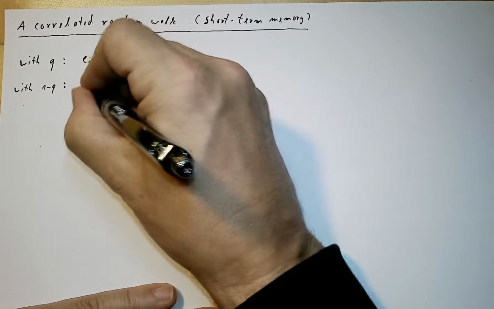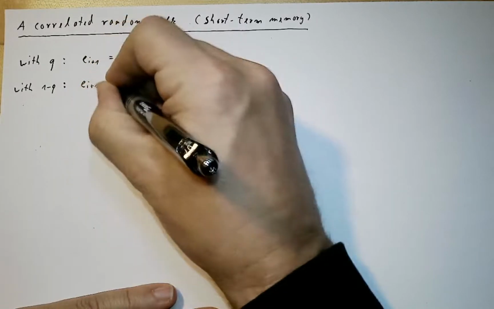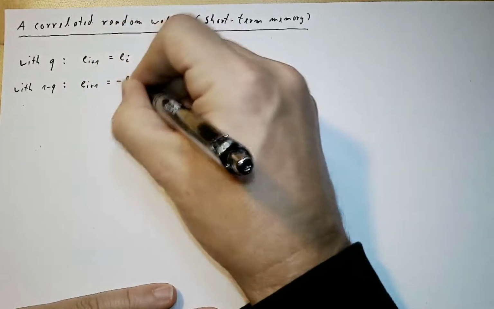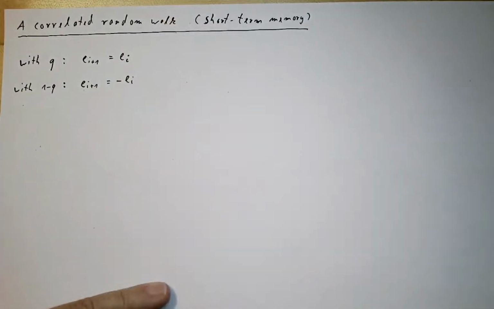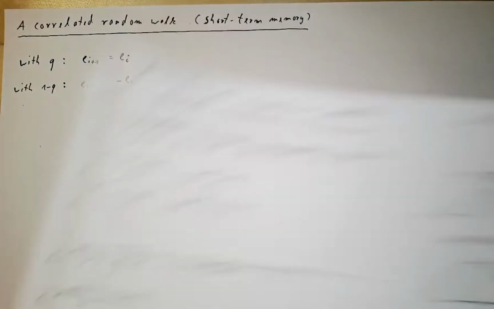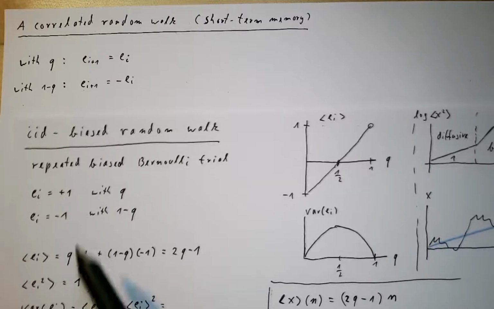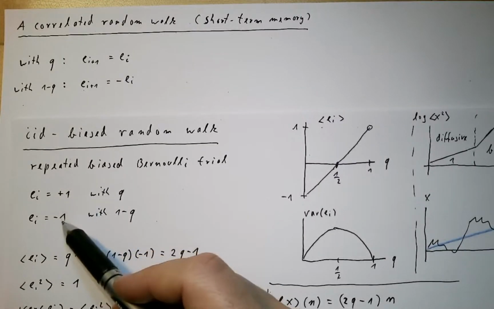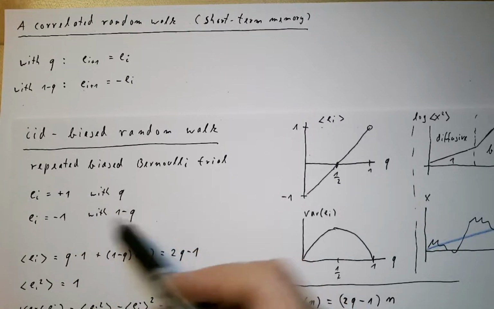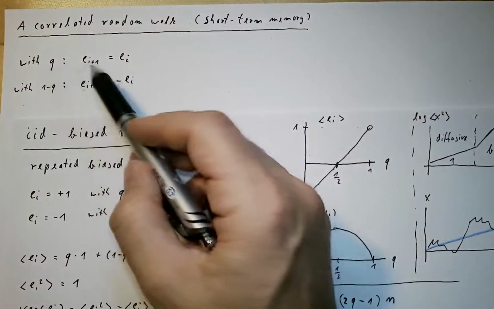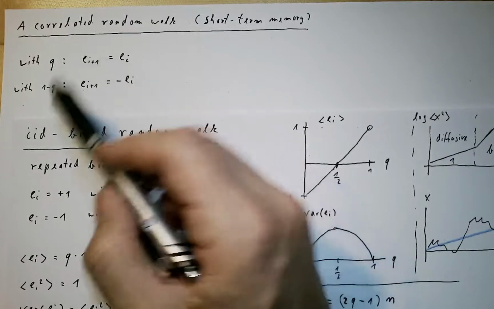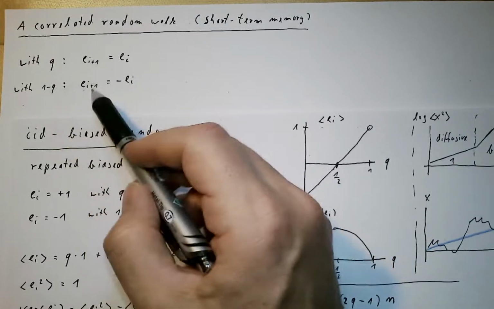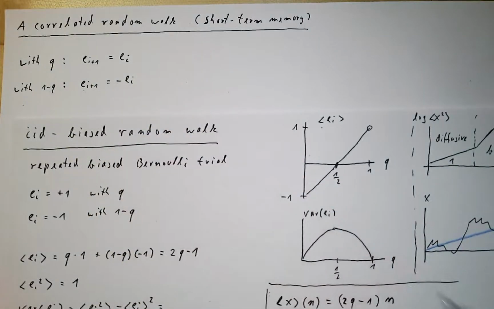So this means the next increment is just minus the increment before. It's similar to the biased walk, where the increments were always plus or minus depending on q. And now here we say with q we repeat the last step, and with 1 minus q we go in the opposite direction than in the last step.